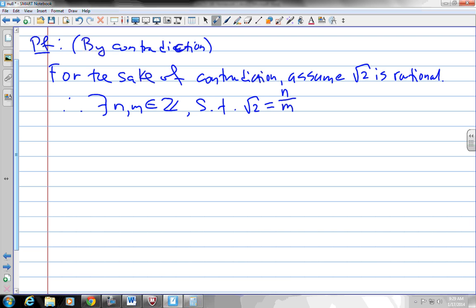Remember that fancy notation? So there exist. That means 2 integers. Capital Z is the fancy symbol for integers. So square root of 2 can be written as a ratio of n and m. Okay? Now, I'm going to make a little note, and this note will become very important.